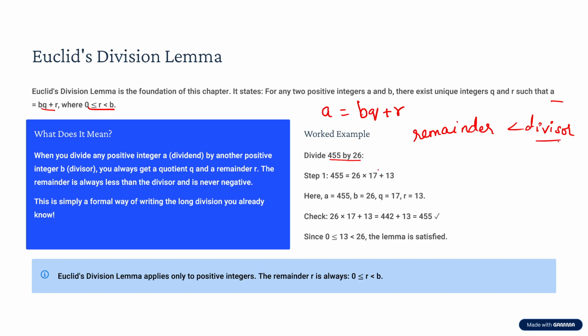Here Q is the quotient and 13 is the remainder. So remainder should be less than the divisor, isn't it? And this is satisfied. Yes or no?